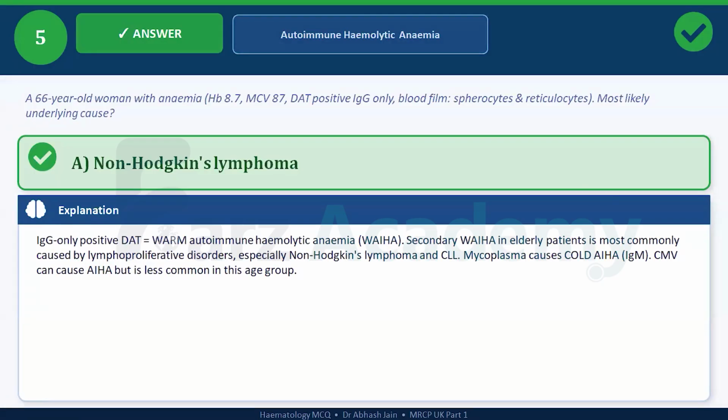CMV can cause autoimmune hemolytic anemia, but it is not common in this group. So warm IgG is present in warm autoimmune hemolytic anemia and lymphoproliferative disorder. That's why non-Hodgkin's lymphoma is the correct answer.